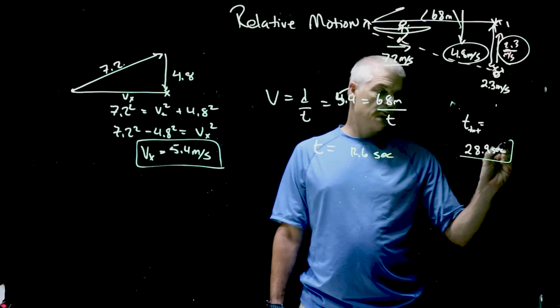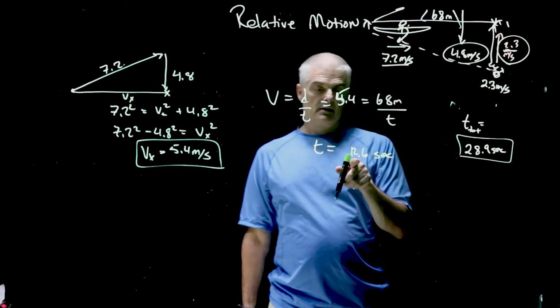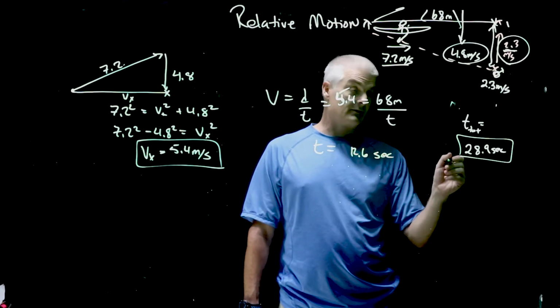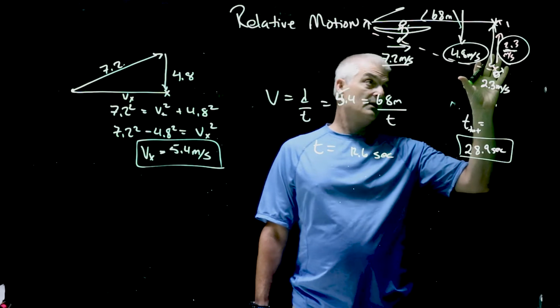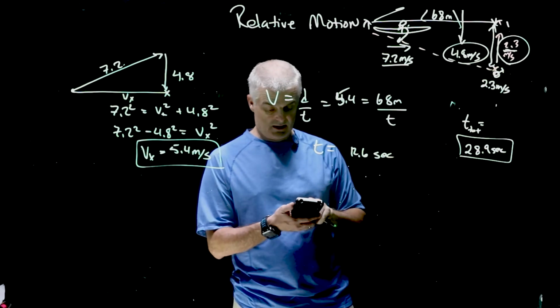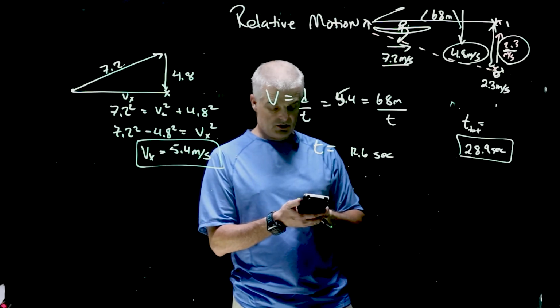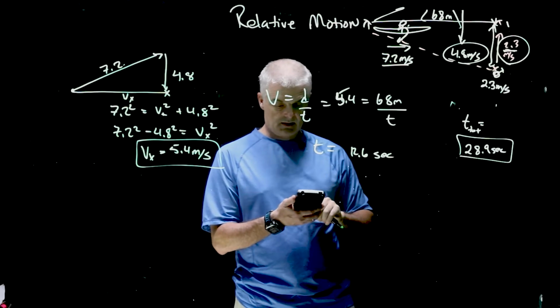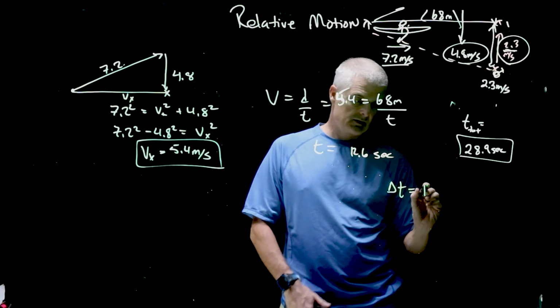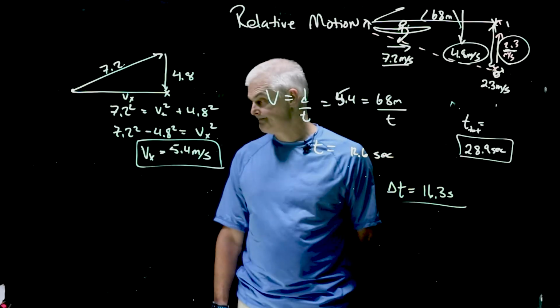So notice 28.9 kayak and walk, 12.6 just kayak. So if we're trying to find how much time will he save, it's the difference, right? So I take 28.9 minus 12.6. So delta t, if you will, is 16.3 seconds.